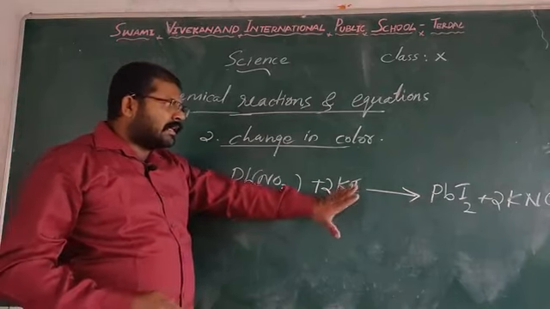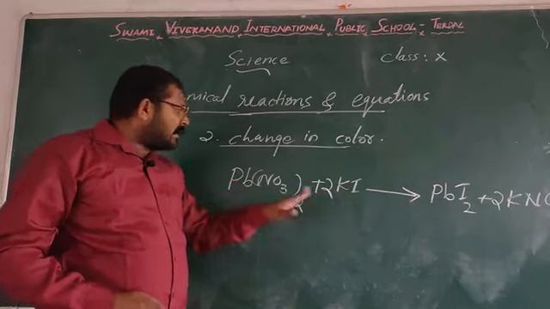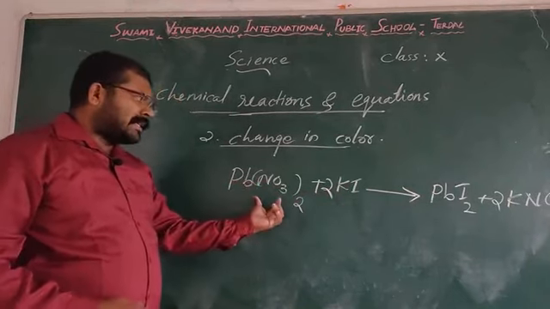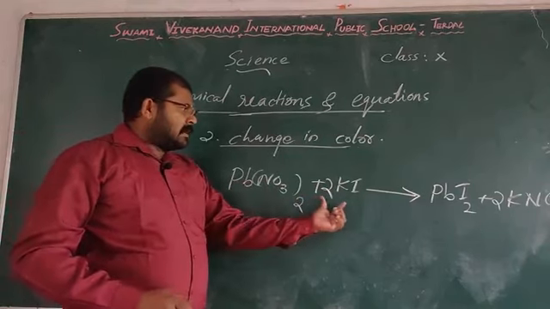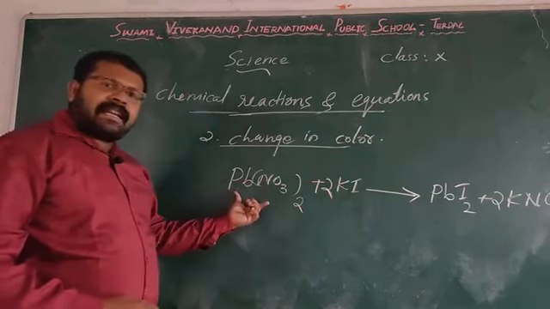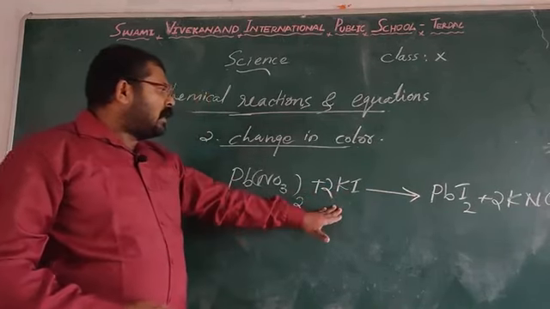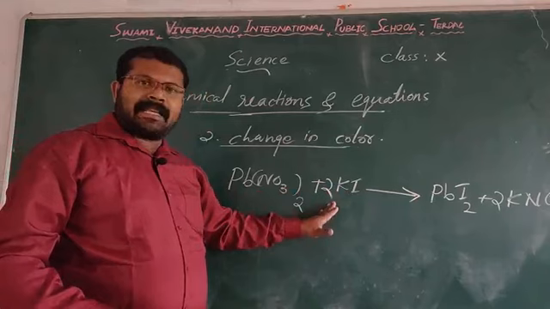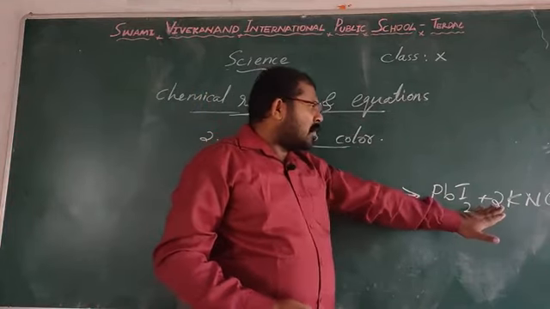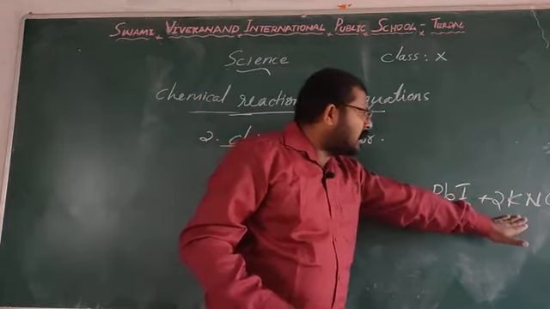So now we are discussing change in color. In this equation you can see lead nitrate is colorless and potassium iodide is also colorless. These two substances undergo a chemical reaction. We get new products, lead iodide and potassium nitrate.